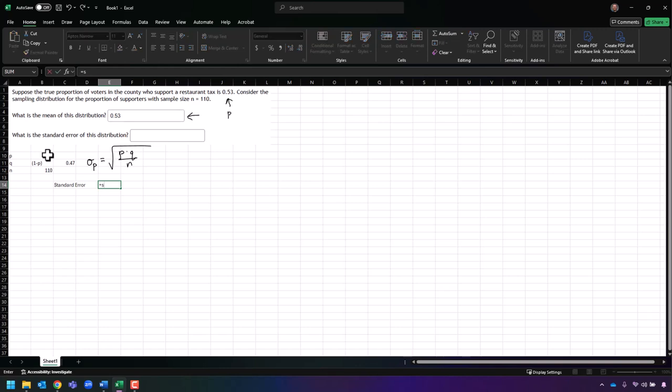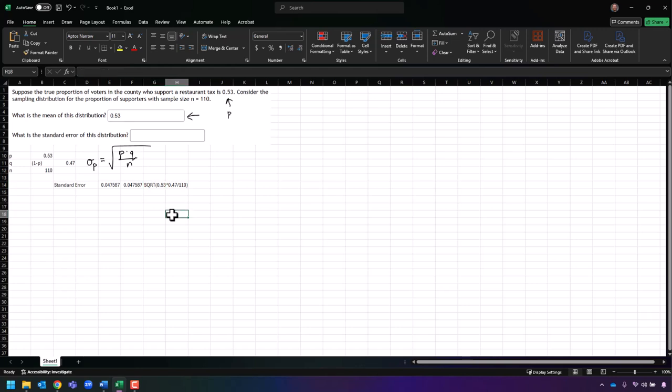So then the standard error becomes the square root of P times Q over N, and if you want, 0.53 times 0.47 over 110, just so you can kind of see it with the numbers there. It kind of makes it make a little bit more sense, I think. We get this. Okay, somehow bolded that guy.